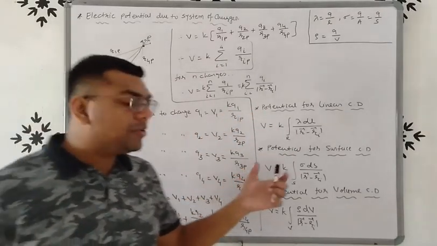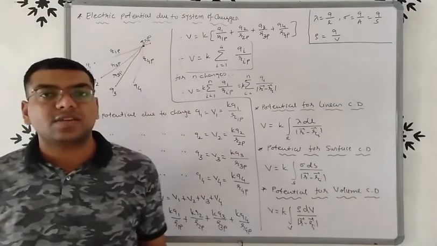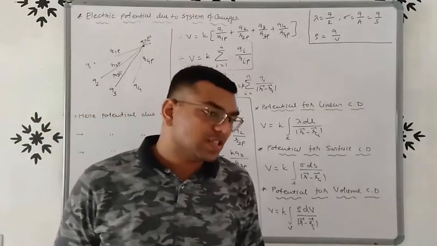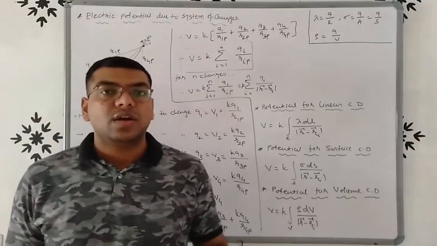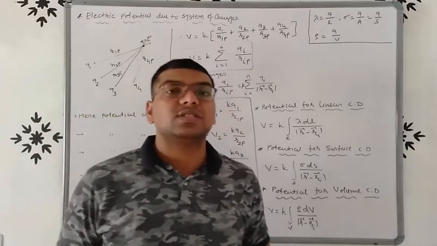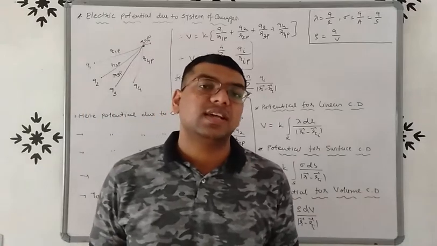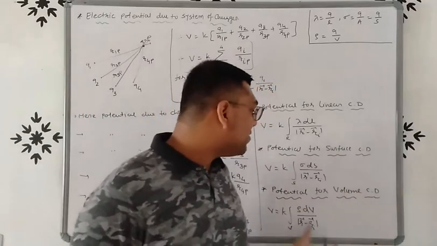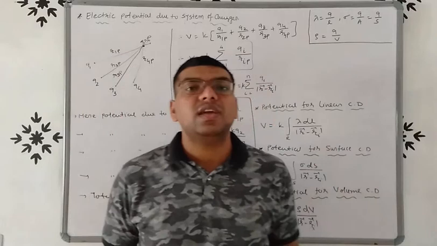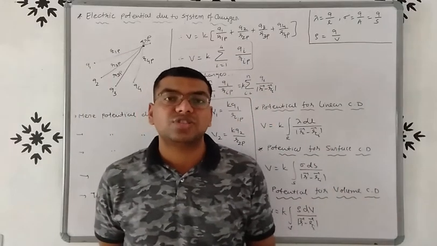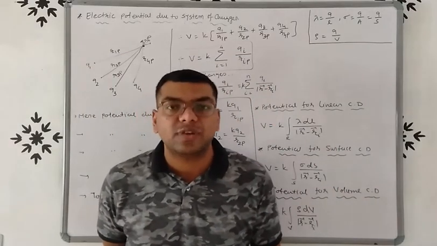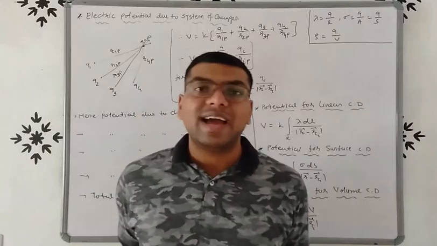Then potential due to linear, surface and volume charge distribution. You have to remember this formula for linear, surface and volume distribution. Or you can simply derive these formulas from the formula of electric potential, V is equal to kq by r.